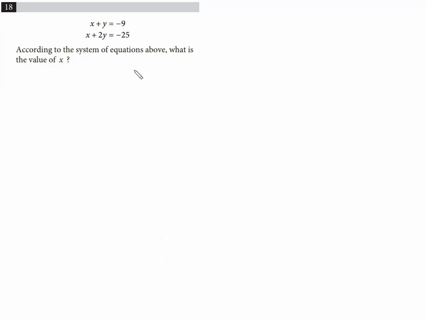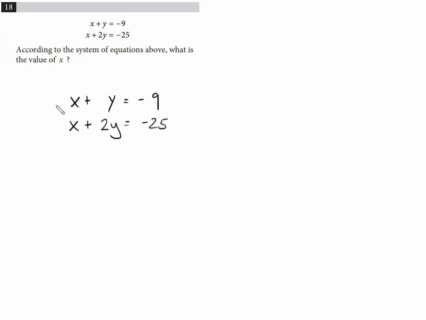the SAT shortcut. So again, we have a system of equations. x plus y equals -9, and x plus 2y equals -25. Solve for x, which means I want to eliminate the y.